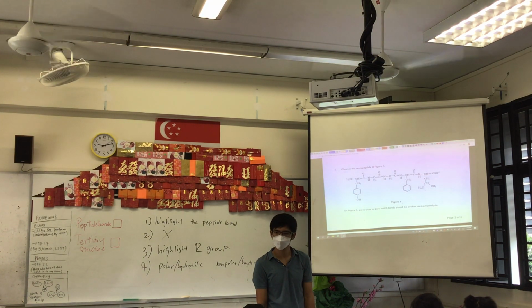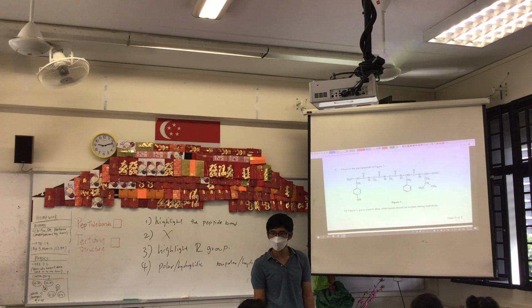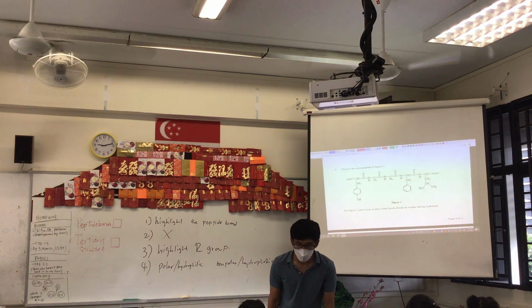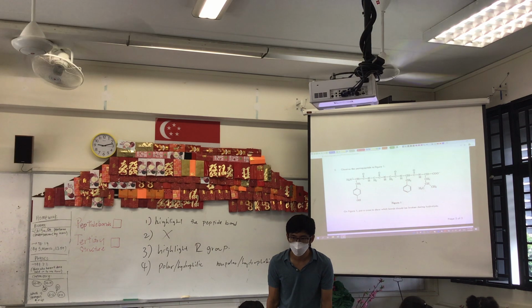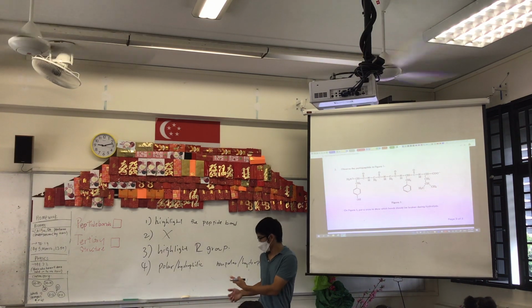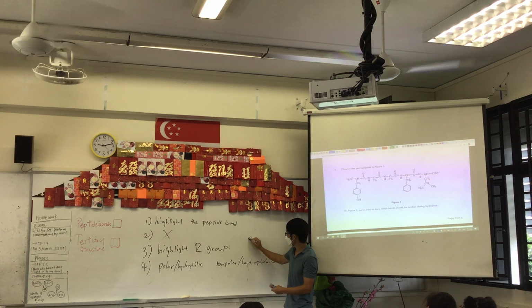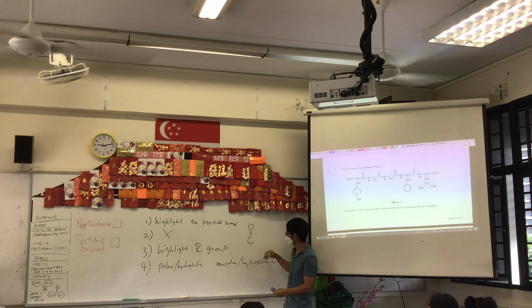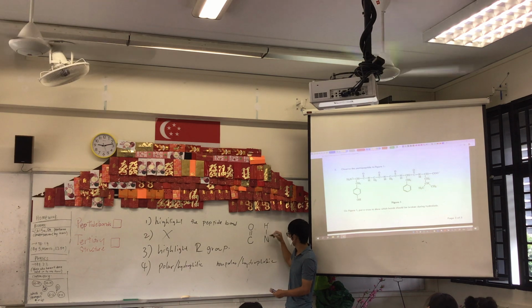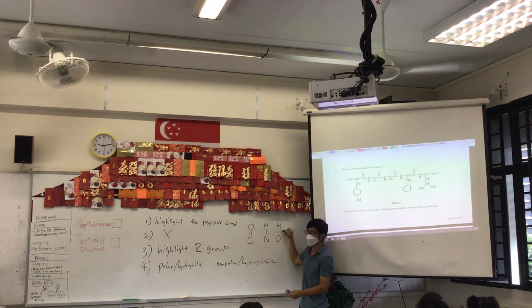What about other properties of like acyclics or polars? Oh, okay. So typically you'll see a lot of polar groups, right? For example, if you see a C double bond to O, that's polar. N bond to H, that's polar. O bond to H, that's polar.